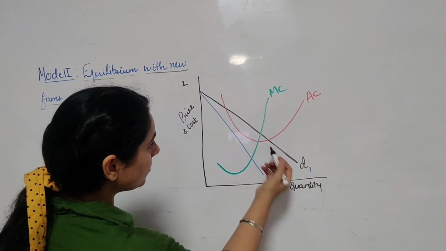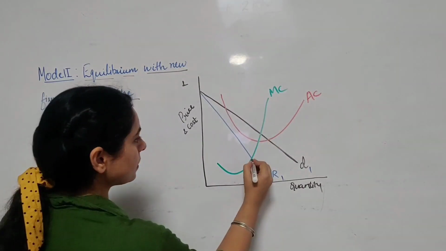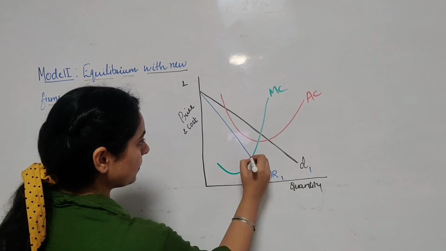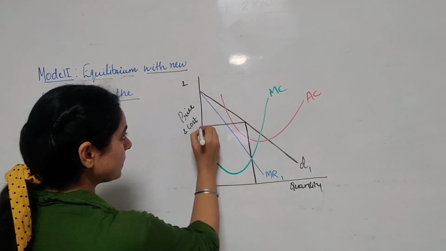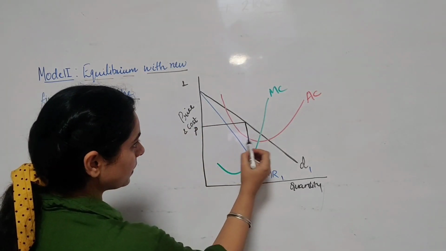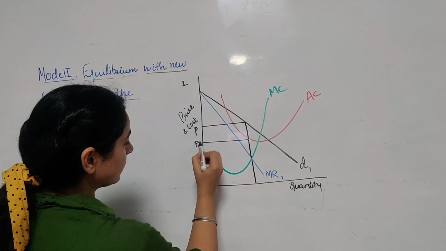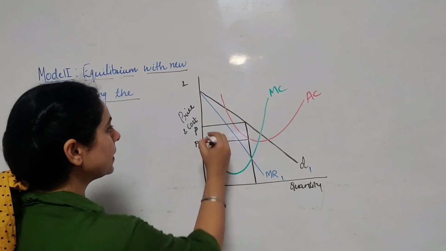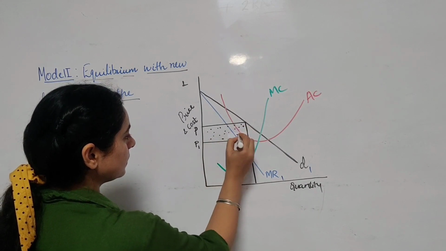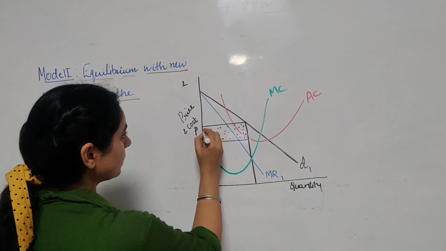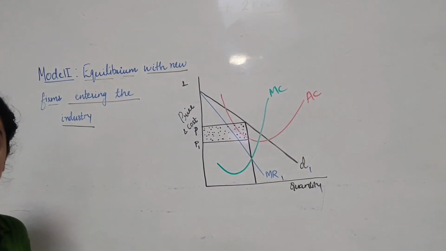The initial equilibrium is at a point where marginal revenue and marginal cost curves are equal to each other. And here is the price. At this price, the firms are earning supernormal profits, and attracted by the supernormal profit, new firms will be entering the industry.